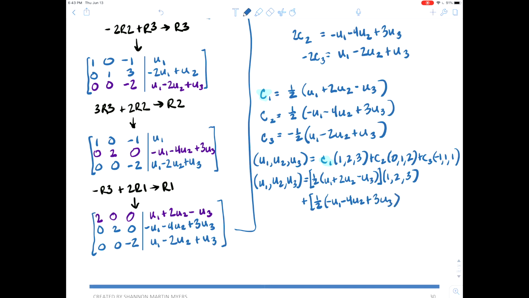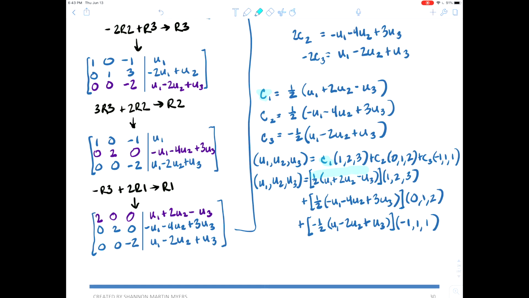And that one was times the vector that terminates in 0, 1, 2. And then we'll have plus negative 1/2 times U1 minus 2U2 plus U3 times the vector that terminates at negative 1, 1, and 1.